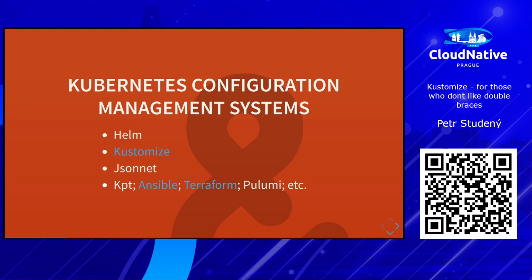So you want to deploy your applications to the cluster, and you would like to change them a little bit for each environment. For that, you need some Kubernetes configuration management system.